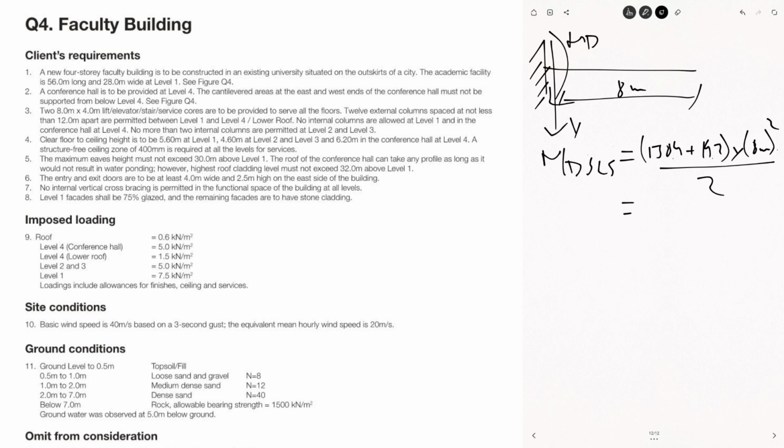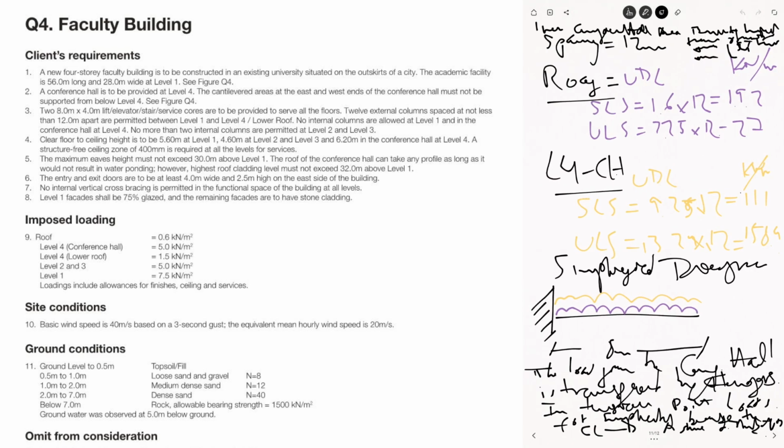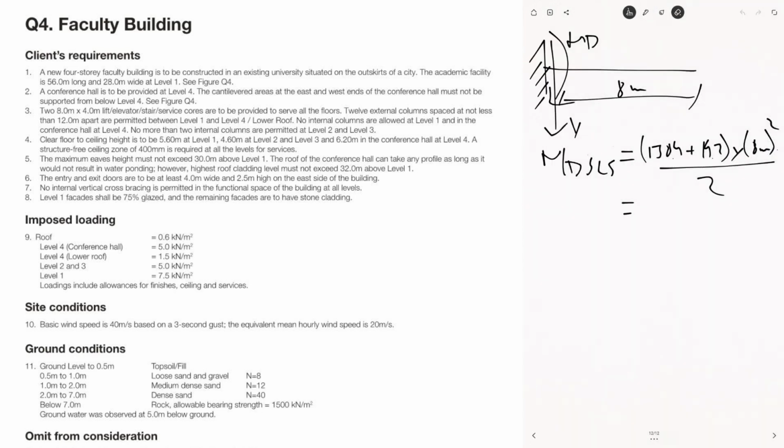let's see, what were the values? Oh, sorry, I took 158.4. No, it shouldn't be 158.4. It should be 111 because it's SLS. So it's 111 times 19.2 plus 19.2 times 8 times 8 divided by 2. And this is 4,166 kilonewtons per meter.